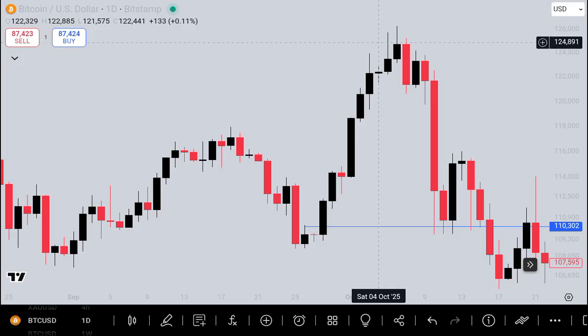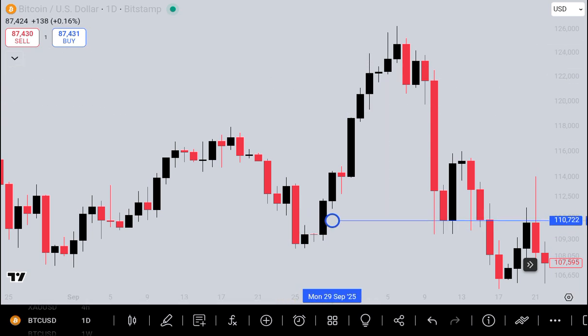And rejects. Price mitigates a previous day's high or low and does what? And rejects. Alright, so let's look at this example. Like I said, price continued moving upwards. Then look at here.